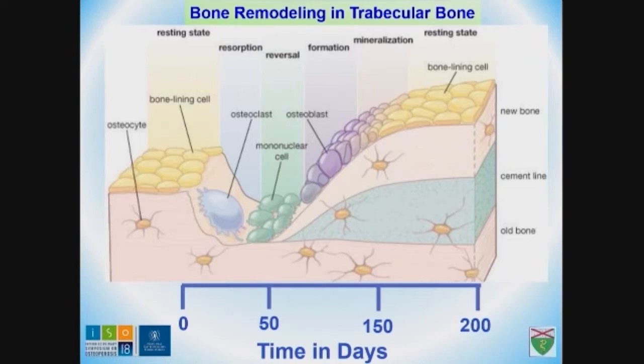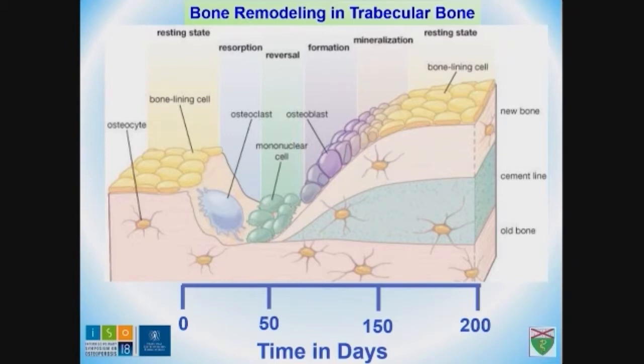And that is a highly orchestrated series of events that occurs in what's called the basic multicellular unit. It involves several sets of cells that include osteoclasts, so-called transition cells, and then bone-forming cells. And this occurs in a highly orchestrated fashion that begins with bone resorption, that digs out an old or damaged piece of bone.